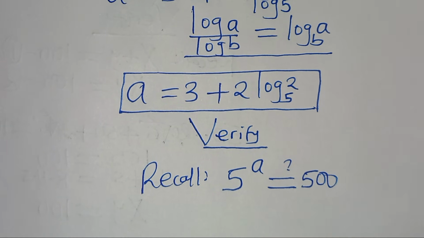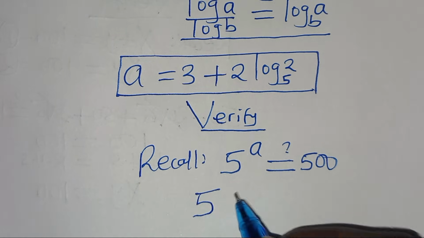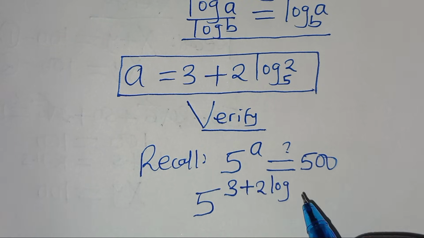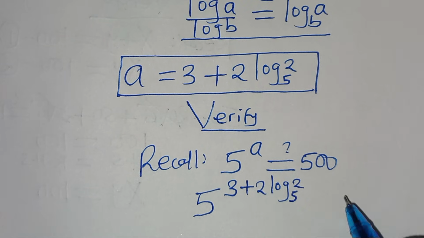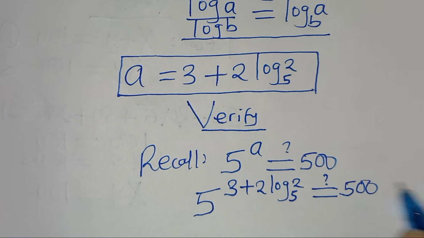So now, let's substitute the value of a into this equation. So we have 5 to the power of 3 plus 2 log 2 to base 5. This is supposed to give us a value of 500.